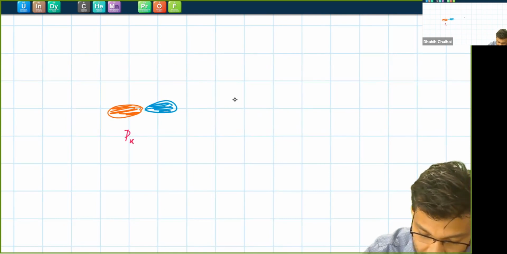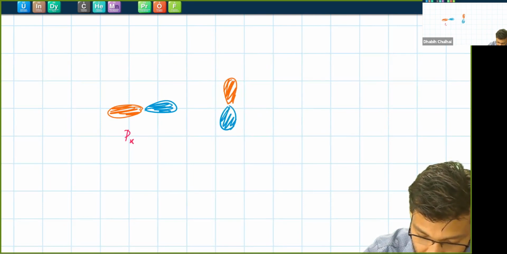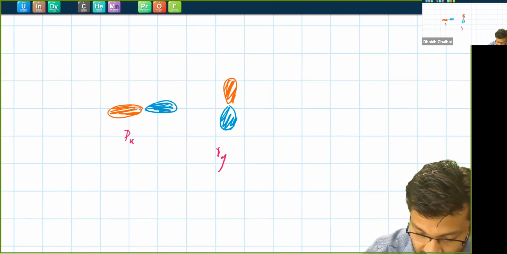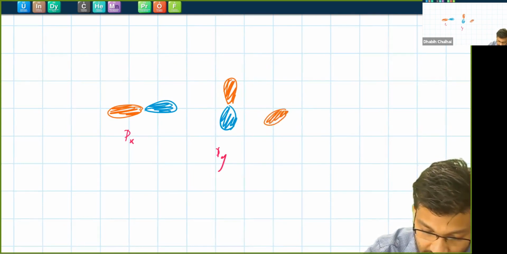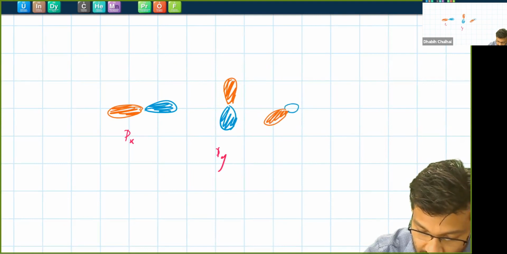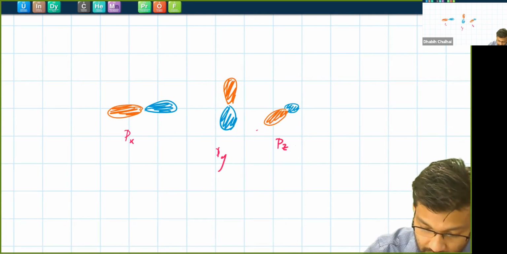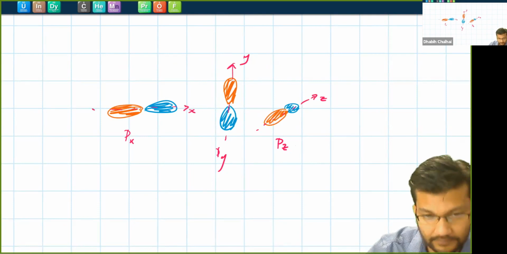A py orbital could look something like this, and a pz orbital. This one's hard to draw because it's in and out of the page. So let's say that's coming out of the page, and this is going into the page, kind of like that. That's a pz orbital, right? That's the z axis. This is the y axis. And this is the x axis.